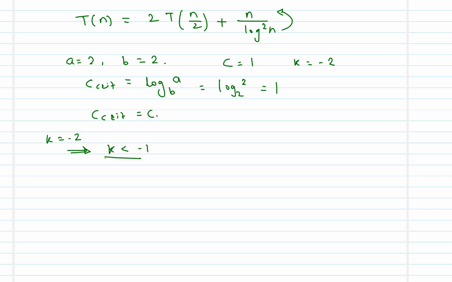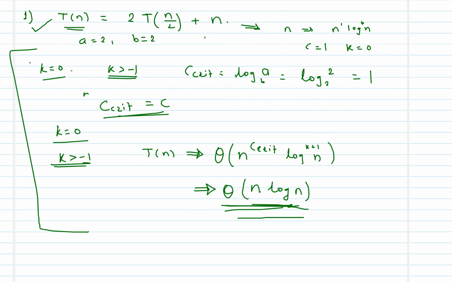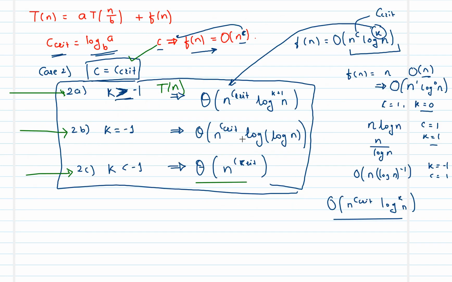So if k is less than minus 1, then, as you can see here where we have written the cases, this case we have discussed, this case we have discussed, and for the last case the complexity of T of n is theta of n to the power C critical.